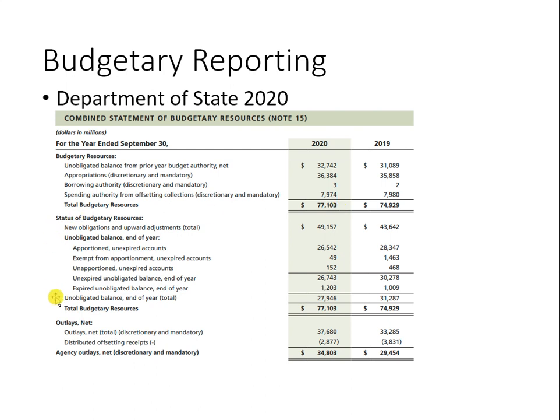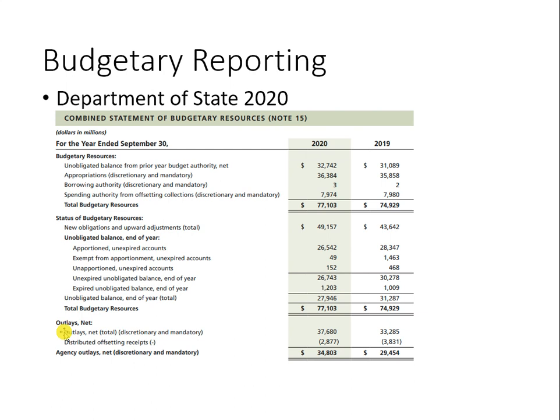The next section reports whether they're used or unused, which is the status of budgetary resources. In 2020, they have new obligations of $49 billion, then unobligated balances totaling $27 billion. Together, that's $77 billion, used and unused.